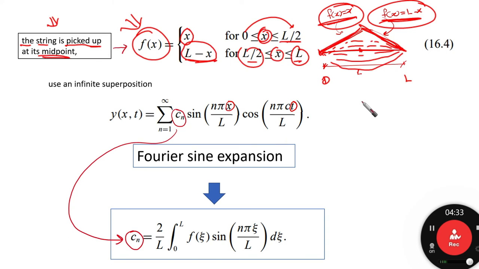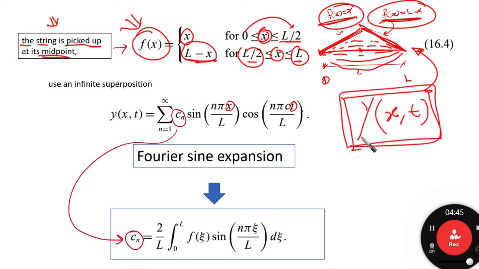So we want to describe y of x and t. We want to know what y is, which is the position of any point x at any time t. This is what we want to do.